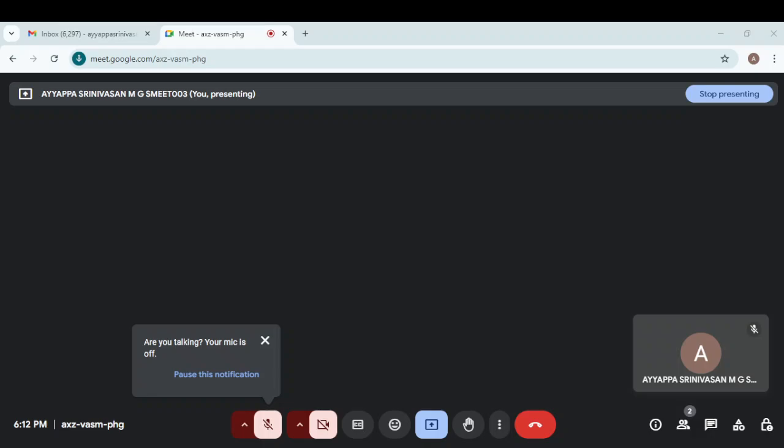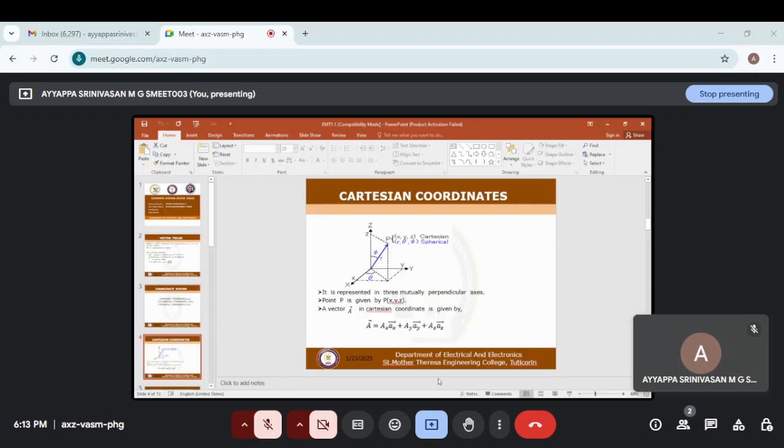Now ax vector, ay vector, az vector is the representation of the Cartesian coordinates. Actually, as you might have studied in your school days, some people write it as ax i vector plus ay j vector plus az k vector.